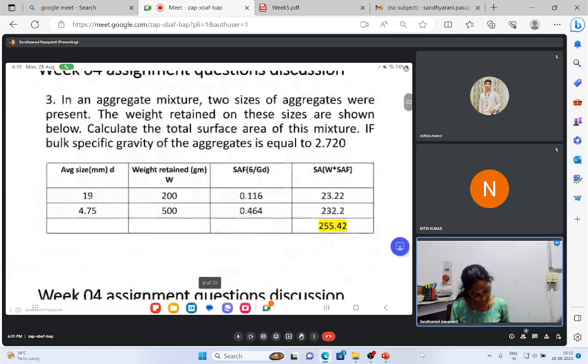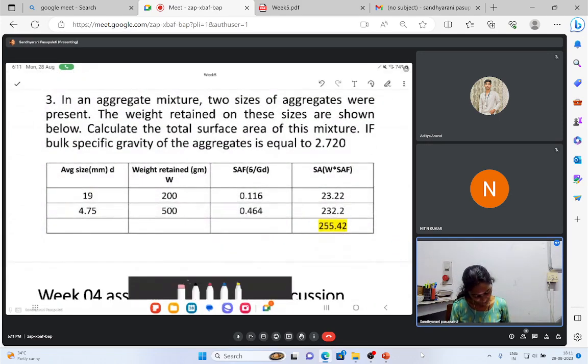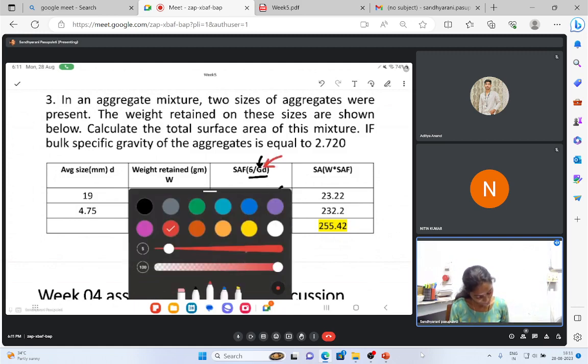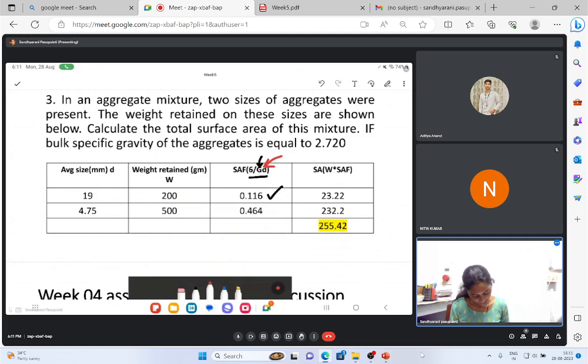The equation for surface area factor is 6 by GD. We know G, the specific gravity, which has been given, and D is the average size of the aggregate. Here it is given as 19.